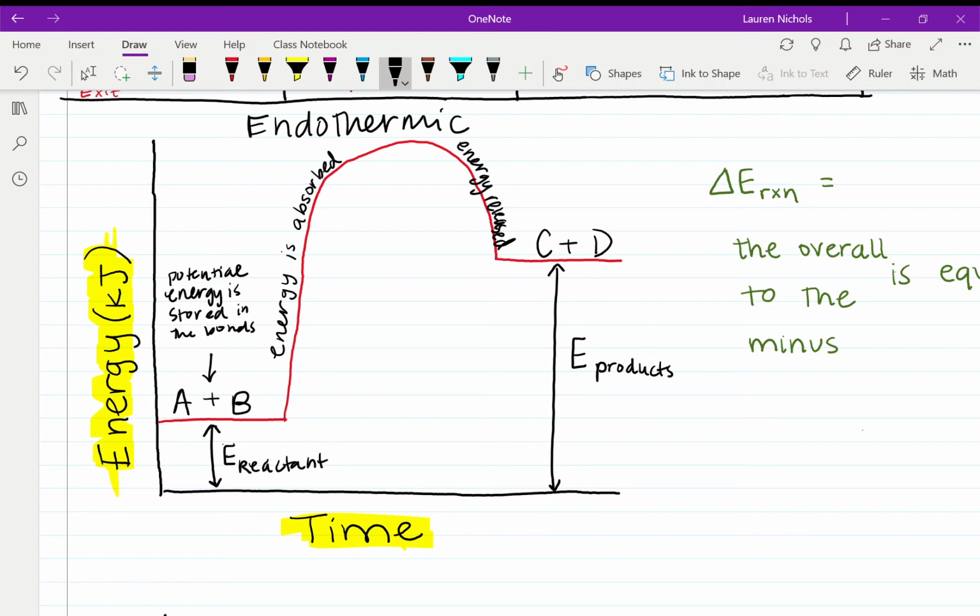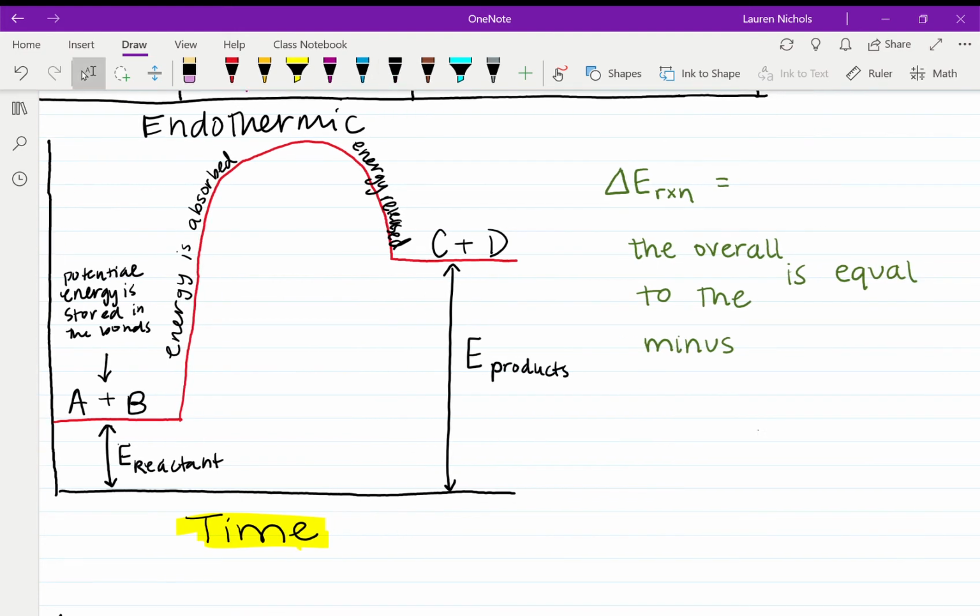But for the overall reaction and how we label, we actually look at the difference between the energy of our products and the energy of our reactants. Now remember, difference means subtraction in math. And so if we look at our reaction, our overall change, which remember the triangle means change in, the energy of our reaction would be the energy of our products minus the energy of our reactants.